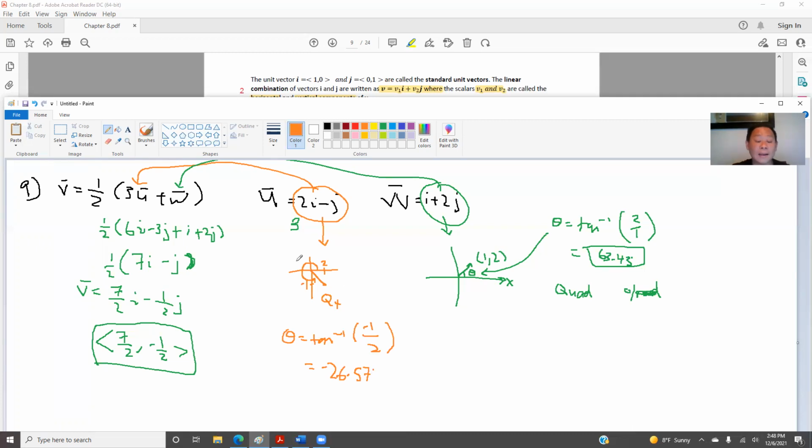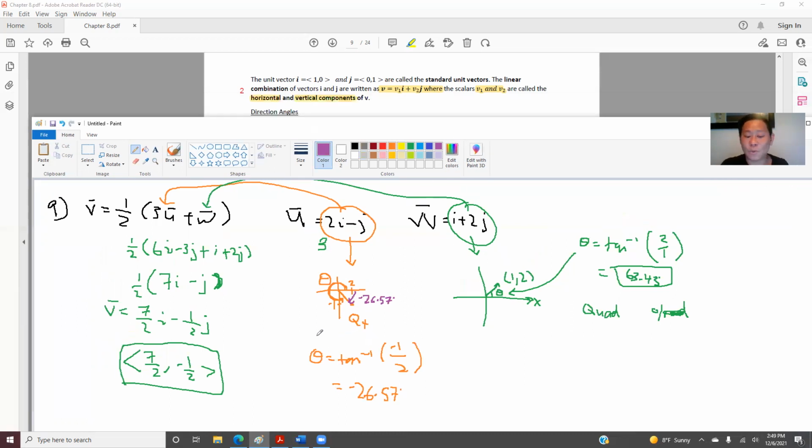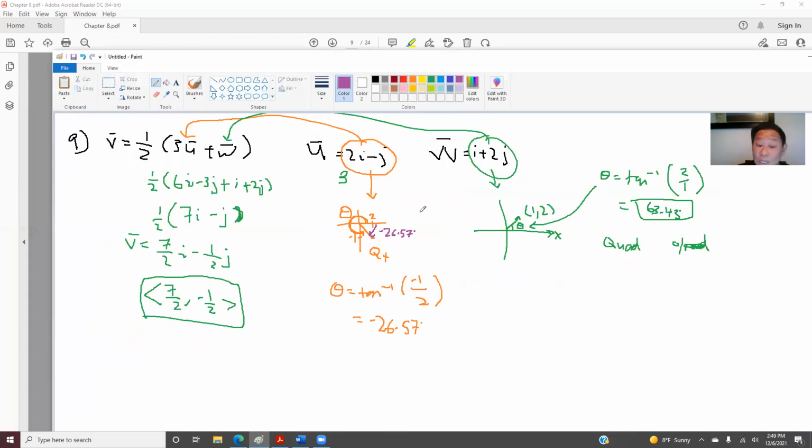However, the theta that we're supposed to measure is this whole theta. This -26.57 is this. A lot of students get this wrong when changing into direction form because of the quadrant: -26.57 is in quadrant 4, but it goes clockwise, and we want to go counterclockwise.